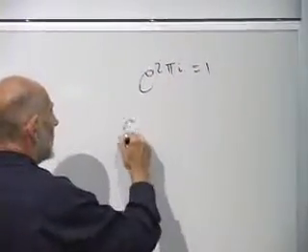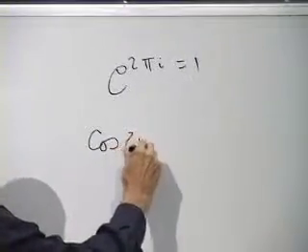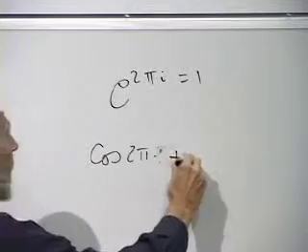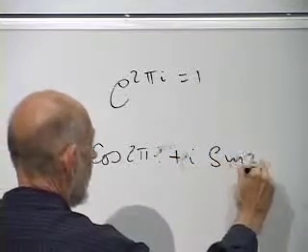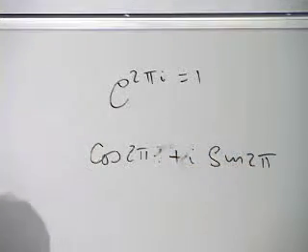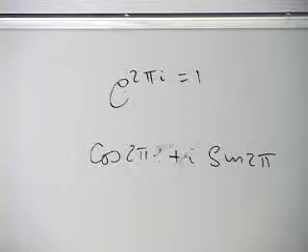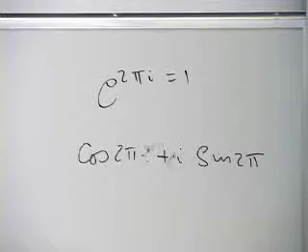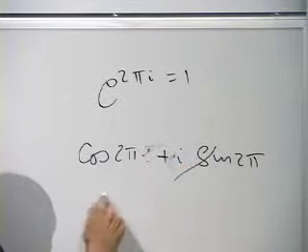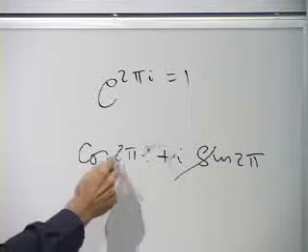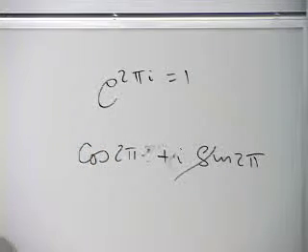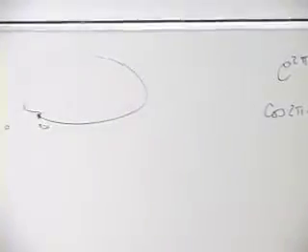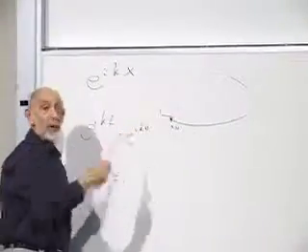It means cosine of 2 pi plus i times sine of 2 pi. Cosine of 2 pi is 1. Sine of 2 pi is 0. And so, indeed, this is equal to 1. And in fact, if you put any multiple of 2 pi here, it's also 1. So as long as k L is an integer multiple of 2 pi, this is a periodic function.